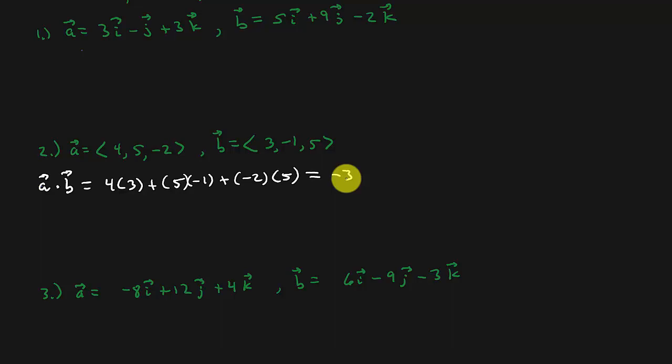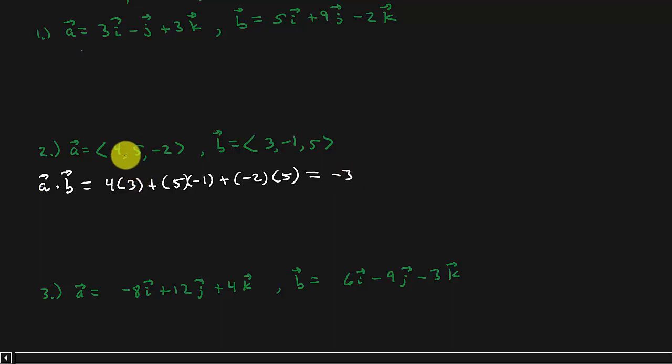Okay, so is there a way to write these as scalar multiples of one another? So let's take this vector right here.